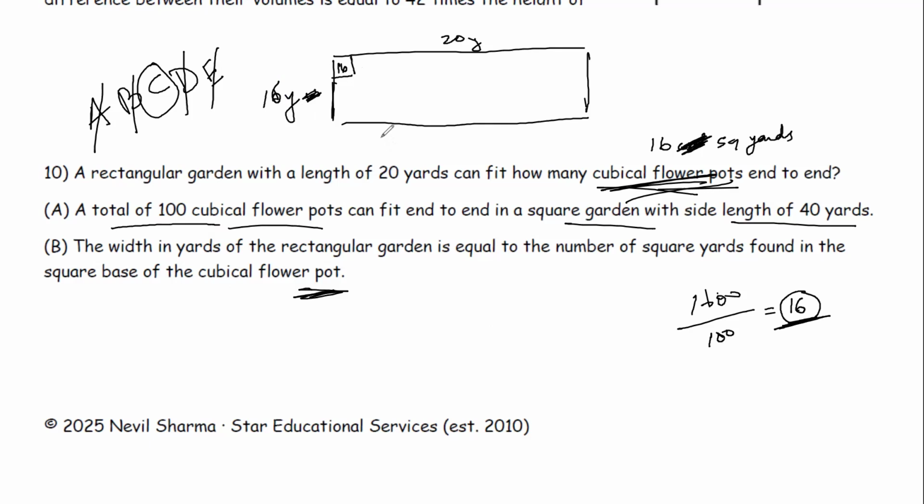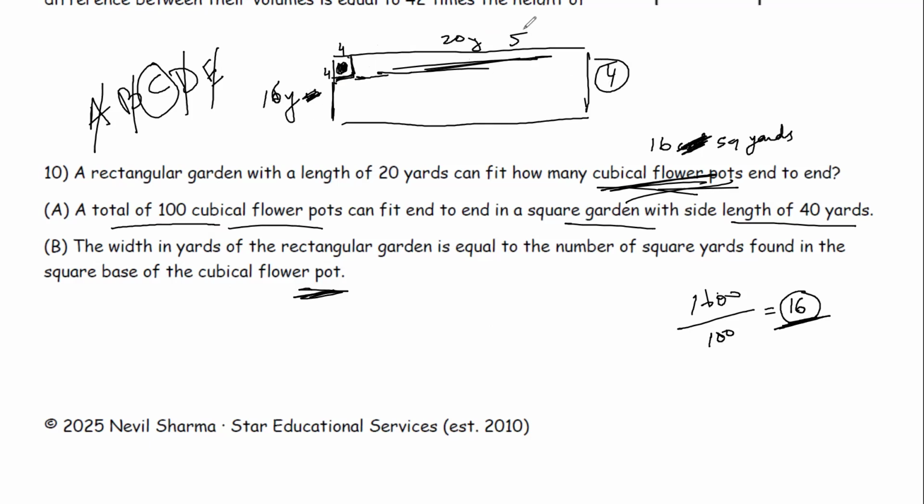The base area is 16 square yards. We are talking about 4 by 4 dimension, right? This is a 16 square base. So 20 by 4, there will be 5 of them out here. Like this, there will be 5 of them. And like this, there will be 4 of them.